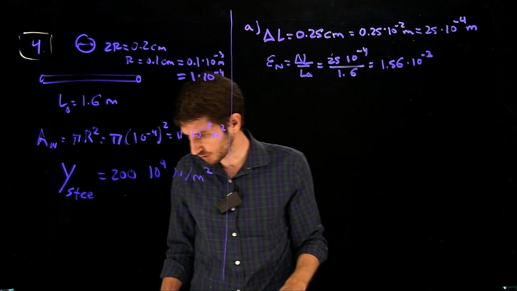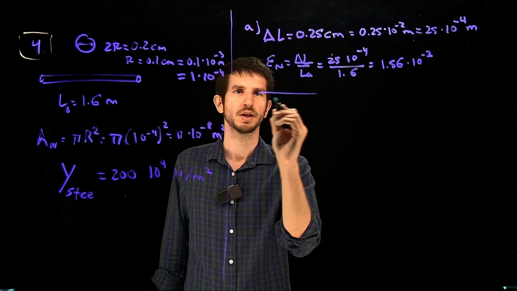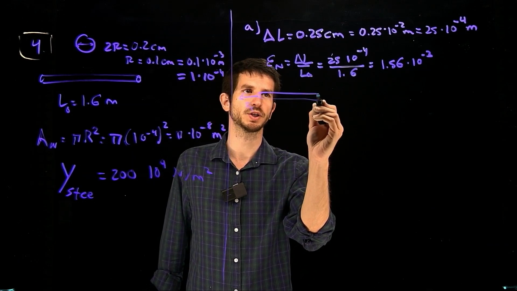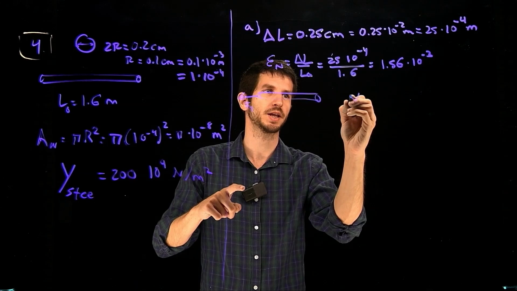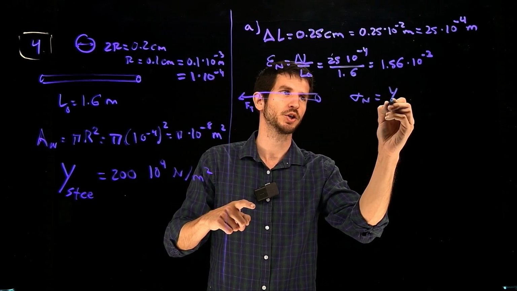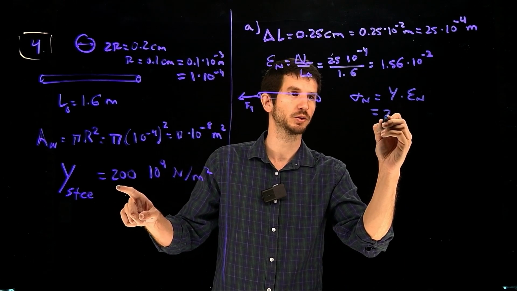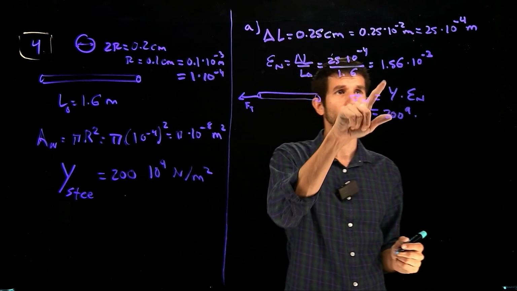And now the question, of course, is what's the tension, right? How great is the tension? Let's remember this is a string, and so we're going to be applying a tension here. That is the force of tension that's responsible for the deformation that in its own produces stress. So the stress is Young modulus times strain. How much is Young modulus? 210 times 10 to the 9 times 1.56 times 10 to the minus 3.